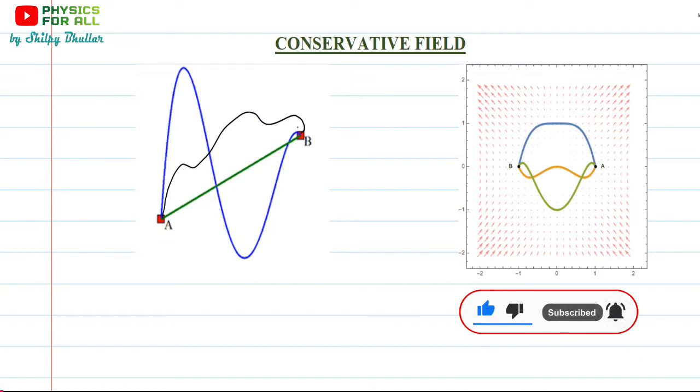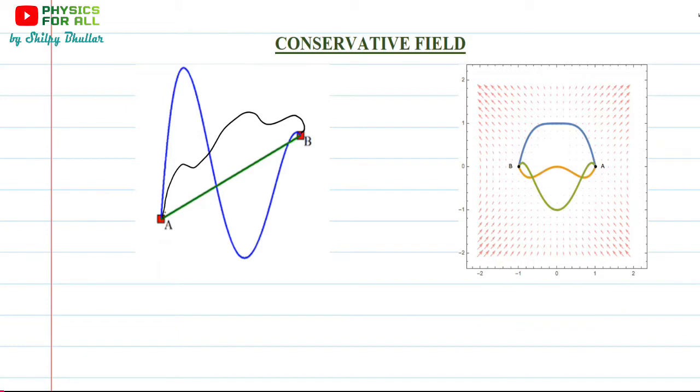Its value will only depend on A and B and not on the path taken. So no matter whichever path you take to go from A to B, the values of the vector function will stay the same. Similarly, here as you can see, we have this point A and point B, and there are like 3 different paths being drawn between these 2 points.